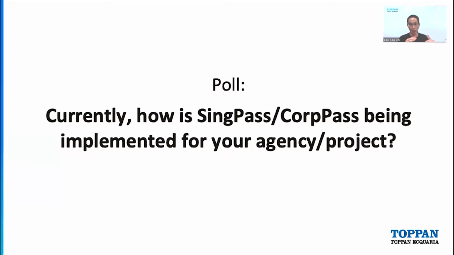Is it a single project deployment using a single product, or a single project deployment with different types of products, or is it one common service for the whole agency? Or if it's a common service, do you share your SingPass COPA digital service ID? Okay, while the poll is going on, let me just continue with my presentation here.